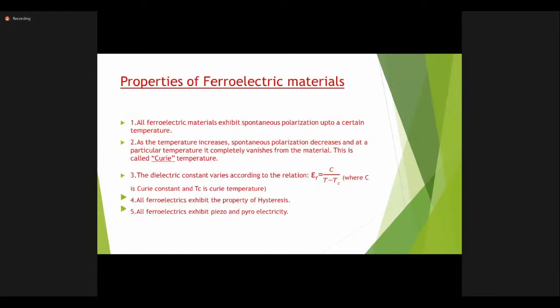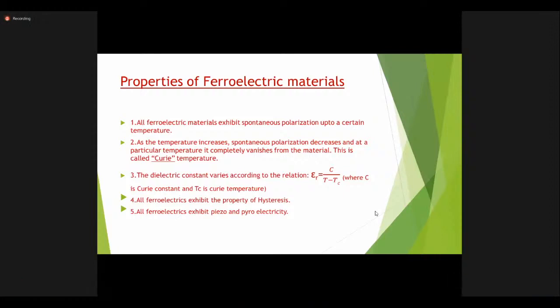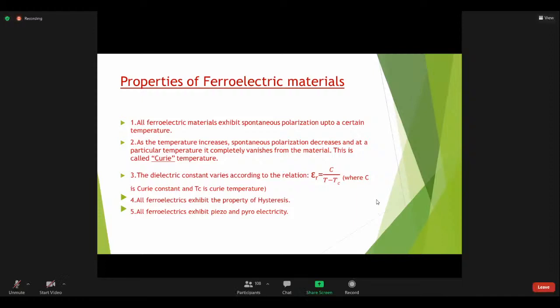Properties of ferroelectric materials. All ferroelectric materials exhibit spontaneous polarization, and as the temperature increases, this spontaneous polarization decreases up to a particular temperature. Please remember, the catchword is Curie temperature. The temperature at which a ferroelectric material loses its polarization is called Curie temperature.